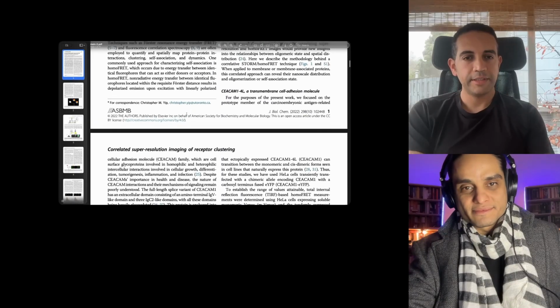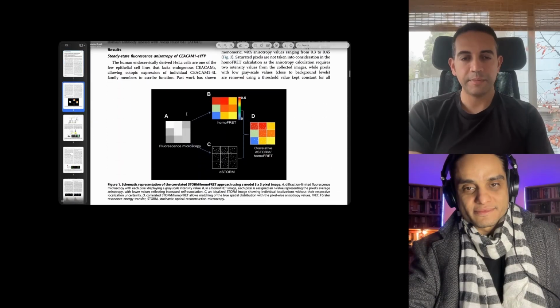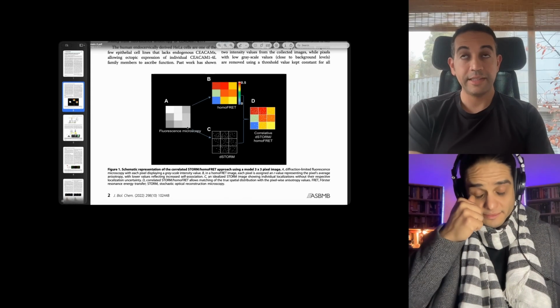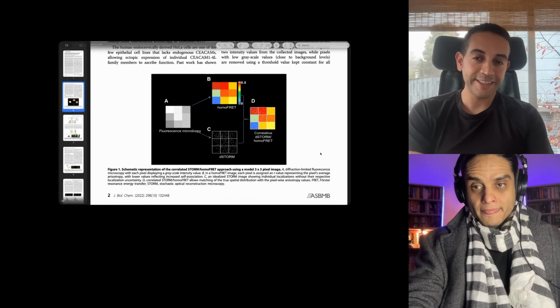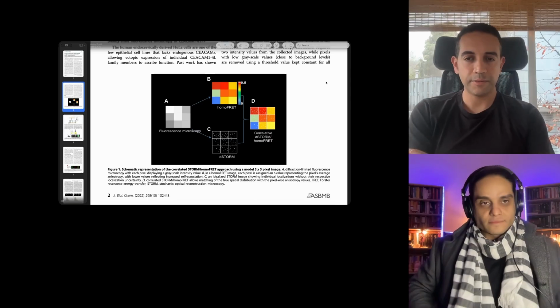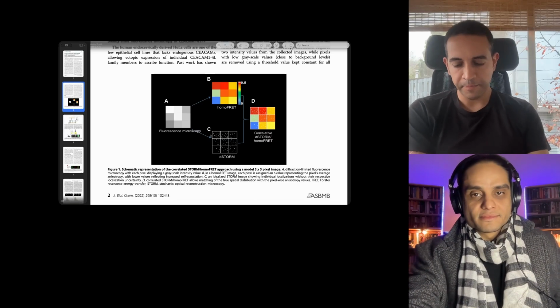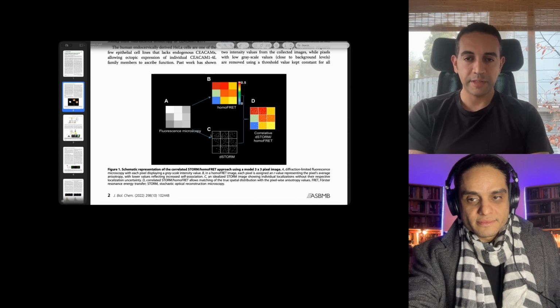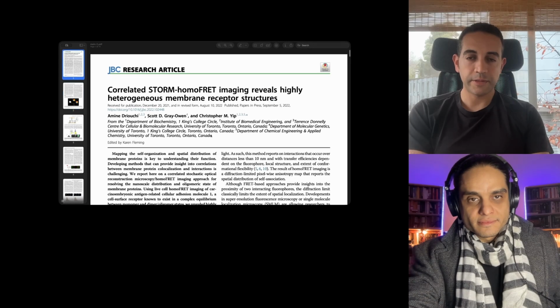Yeah, so that one takes all the parts for everything we've described before. It takes the D-STORM we just talked about. It takes the TIRF that we did for the sperm study. And it adds a method called Förster resonance energy transfer, which is when you have fluorophores separated by a 1 to 10 nanometer distance, there is some amount of energy transfer that, in the case of two non-identical fluorophores, causes the excitation emission to shift.